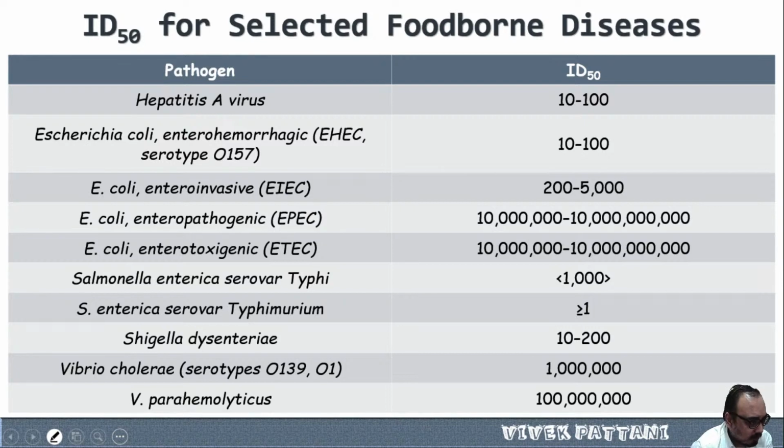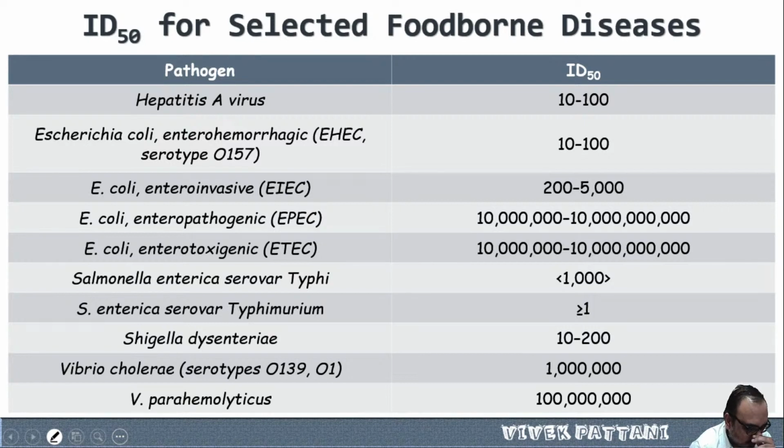For example, a single cell of Salmonella enterica serotype Typhimurium can result in an active infection. Just a single cell.